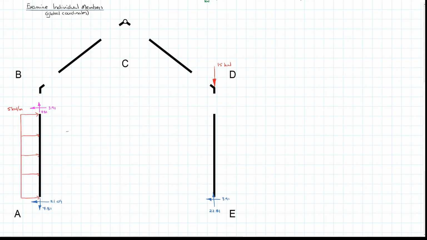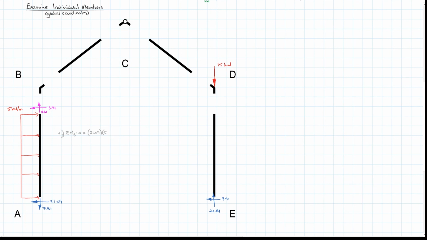So I'm going to do the sum of the moments about B equal to 0. I'll use my clockwise positive, and that is going to be equal to our reaction at A in the X, which is 21.09, which will try to rotate it clockwise, multiplied by its moment arm of 5 meters.